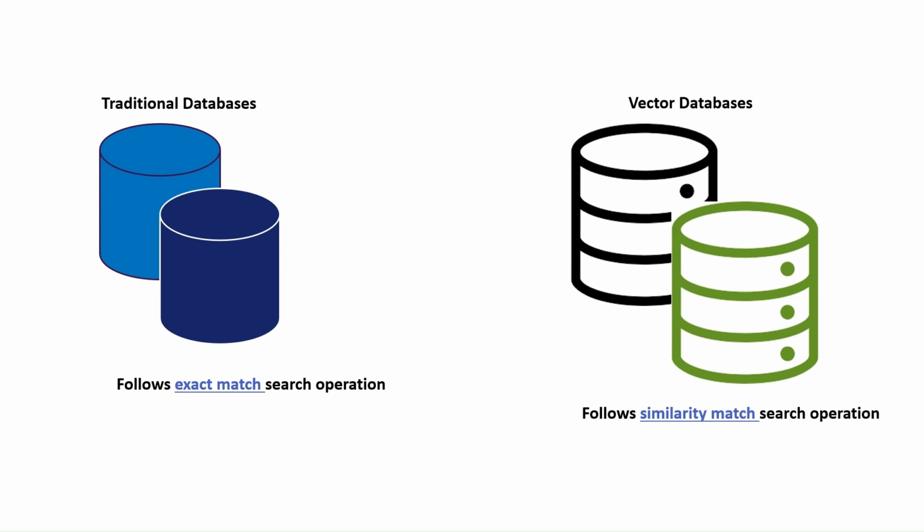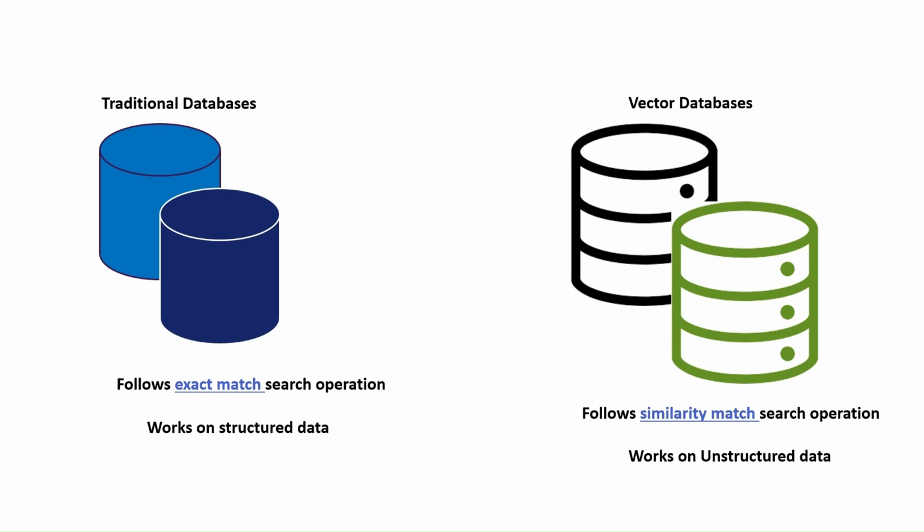However, vector databases follow similarity search or a kind of semantic search. For example, traditional databases work mostly on structured data, and in some cases unstructured data, where you can search a string, and if a match is found, you can retrieve the associated record or records.